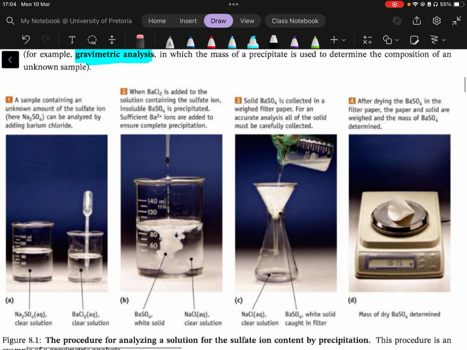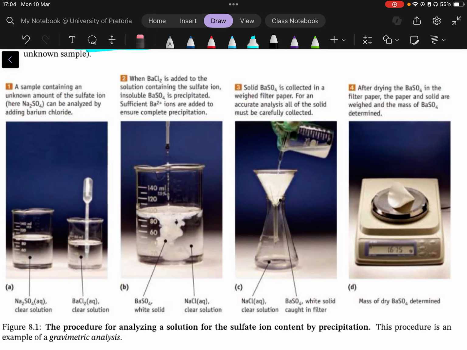So the basic idea in these analyses is that you have two mixtures, A and B. In principle you have something containing one set of ions, so sodium plus and sulfate SO4 2 minus, and the other one, say, barium chloride, so Ba2 plus and Cl minus. And as you start adding the barium chloride solution to the sodium sulfate solution, you will see a white precipitate starting to form.